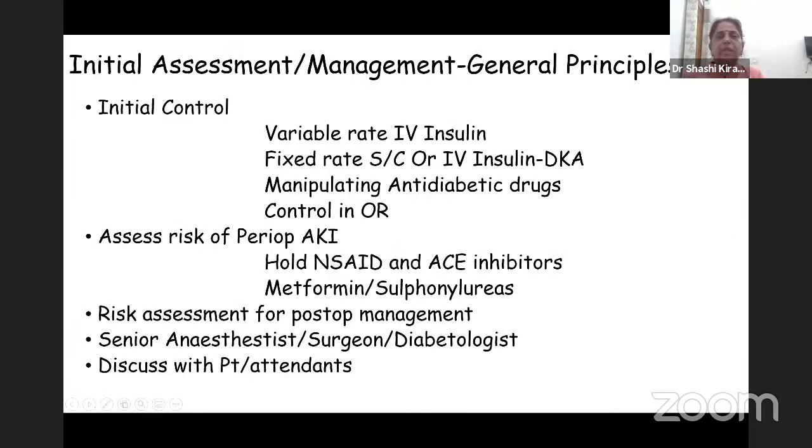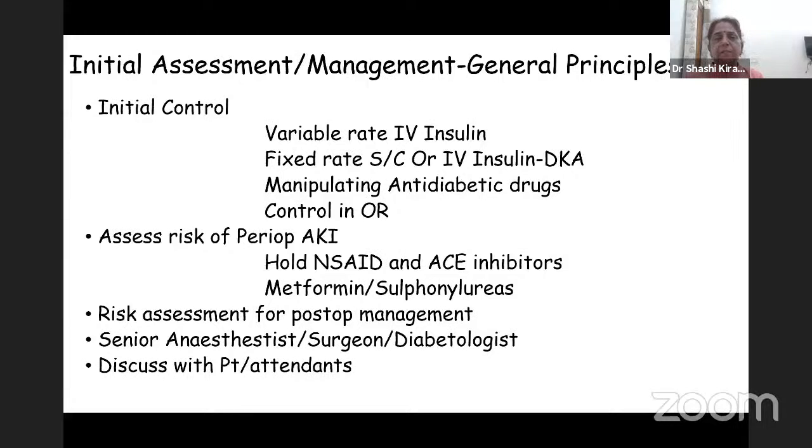Then initial control can be achieved by variable rate IV insulin. However, if the patient is in diabetic ketoacidosis or has had diabetic ketoacidosis, then fixed rate insulin is desirable.